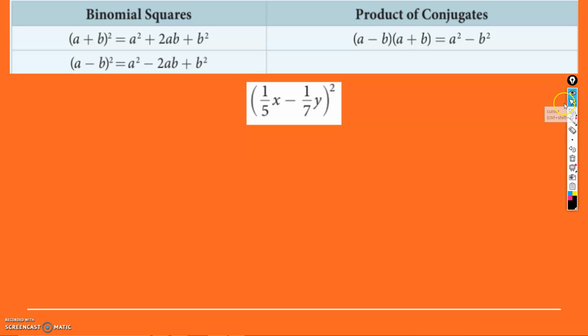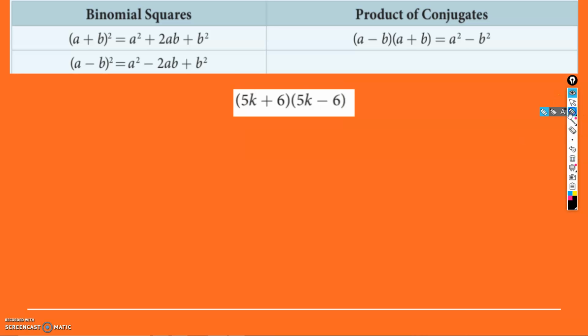Alright, next example. What about a product of conjugates? One's a plus, one's a minus, but our a and b are exactly the same. So let's look at multiplying it out and what it looks like. I'm just going to recopy the problem: 5k plus 6 times 5k minus 6. 5k times 5k is 25k squared. 5k times negative 6 is negative 30k. 6 times positive 5k is plus 30k.